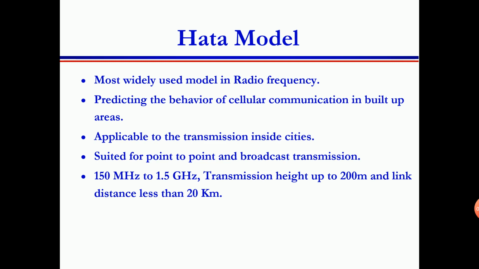It is applicable to transmission inside cities and suited for point-to-point and broadcast transmission. The frequency range here is 150 megahertz to 1.5 gigahertz, the transmission height is up to 200 meters, and the distance is less than 20 kilometers.